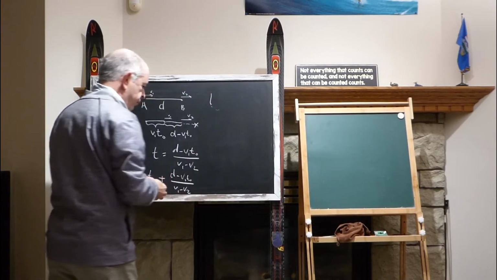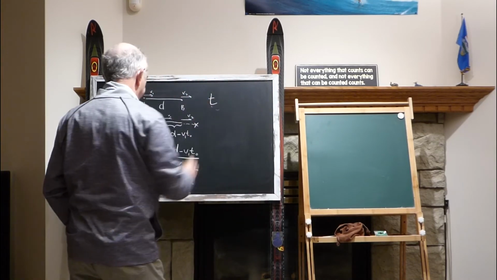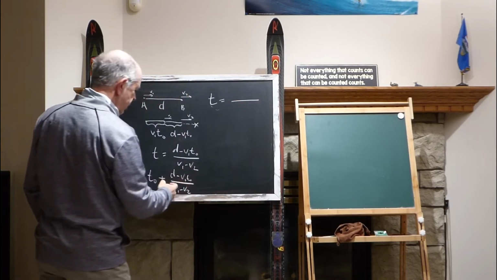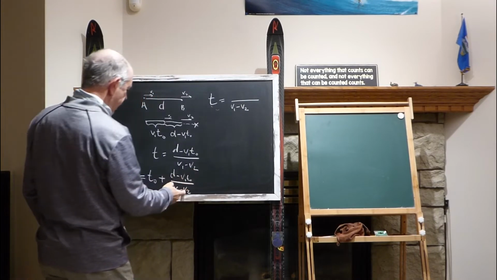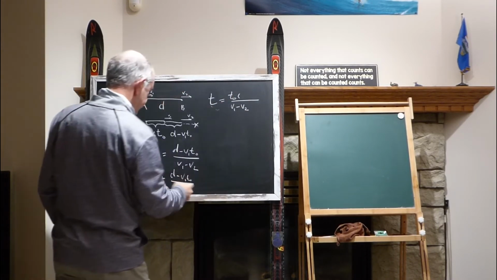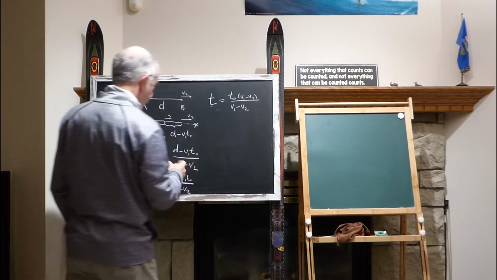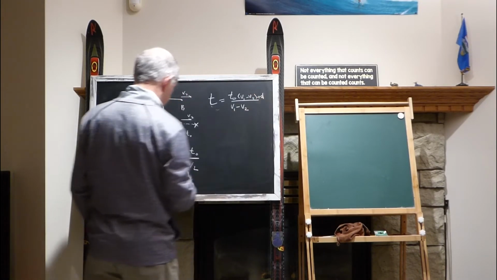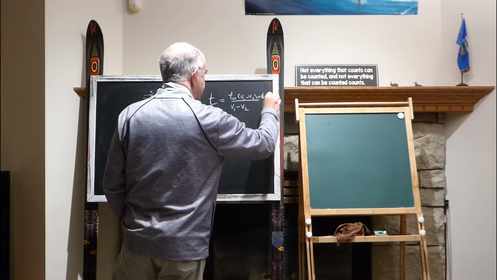We will have t equals, the common denominator would be v1 minus v2. We have to multiply t0 by this v1 minus v2, and we must not forget to add d and minus v1 t0.